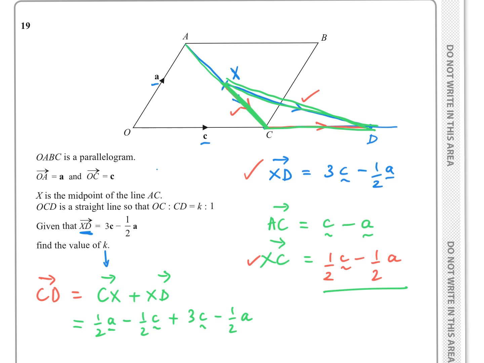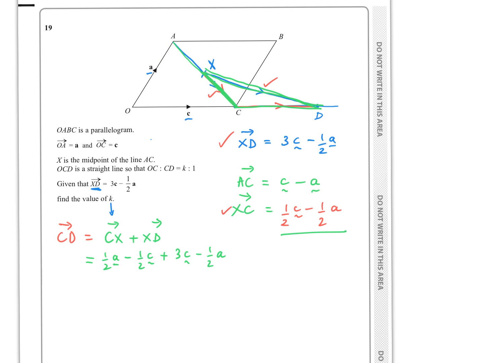So we're getting there. If I just neaten this up, we've got a half a minus a half a, which is 0, and then we've got 3c minus a half c. Well, 3 minus a half is 2.5, or 5 over 2 c.